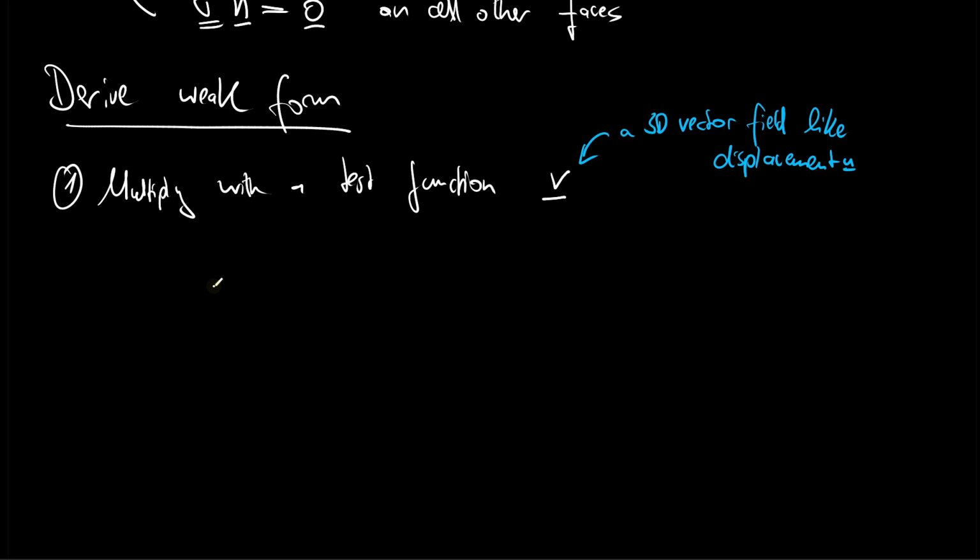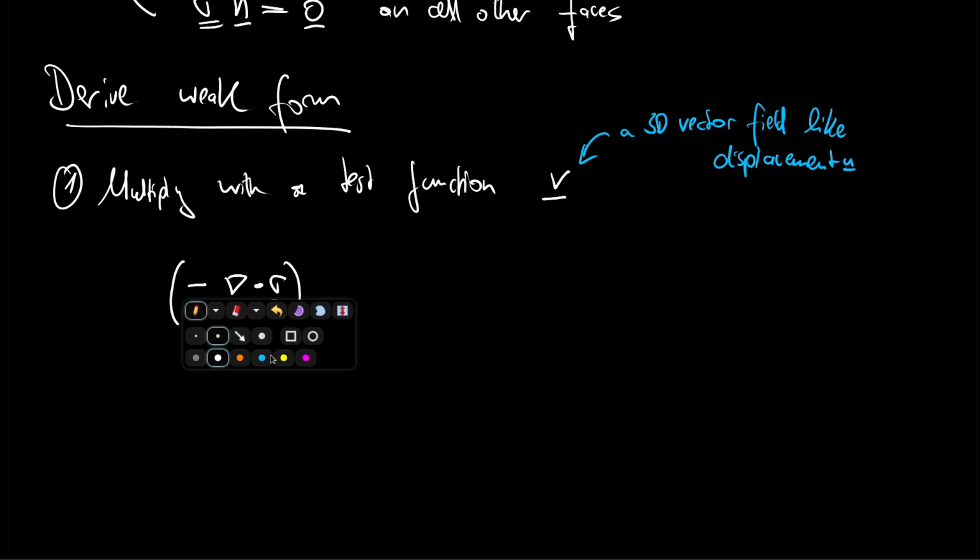Well, then let's take our equation. So we have minus divergence of our sigma tensor. And then this expression has to be multiplied with v. And I want to have a contraction here. So these weak forms are always scalar contractions. And if we take the divergence of a matrix field, we get a vector field. So that one is giving us a three-dimensional object.